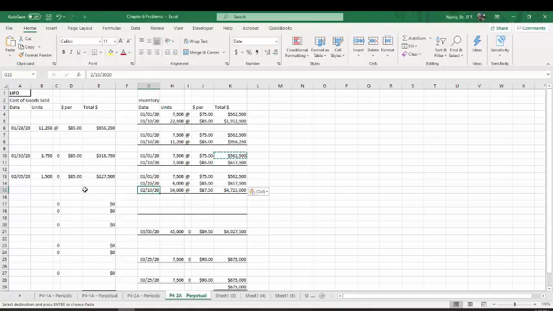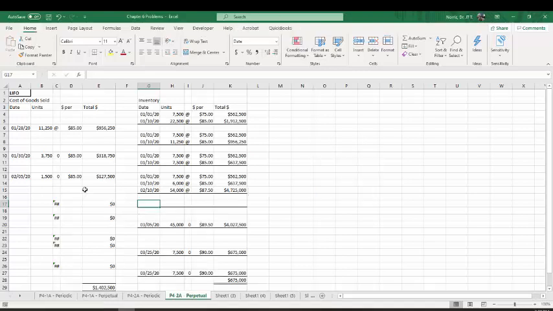So then on the 16th, we're going to sell on February 16th 27,000 units.